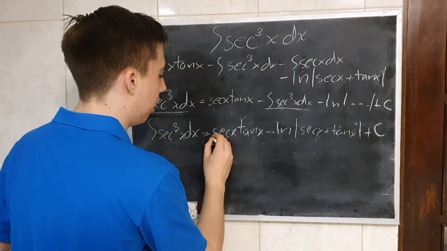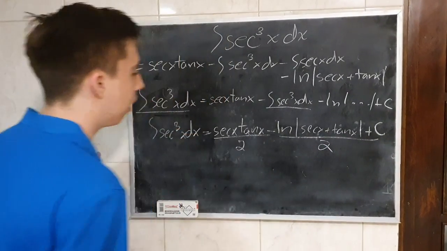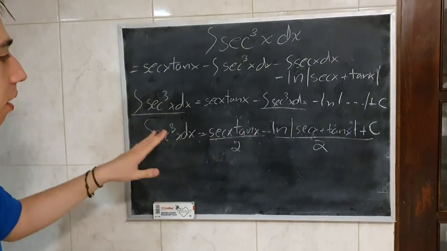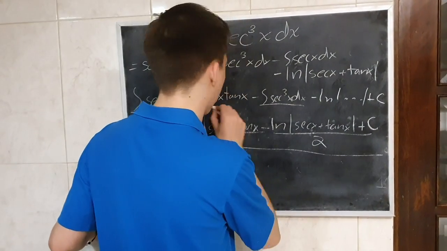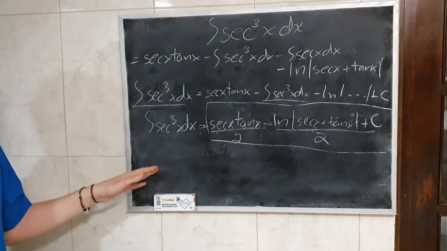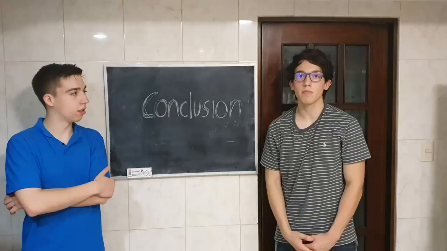And then we're gonna divide everything by 2, thus eliminating any integrals from the final answer, which is gonna be this one. And just a quick note, to be able to use this method, you need.